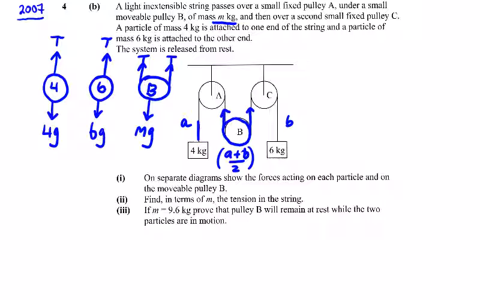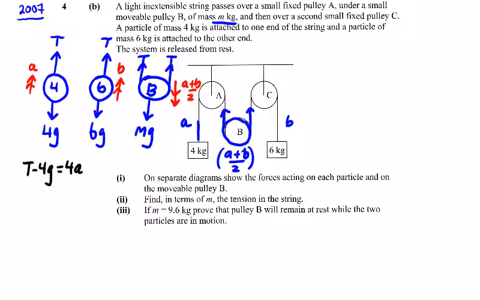Okay, so if we imagine B coming down, the other two going up, we have our A plus B over 2 in this direction. So we call this one A and this one B. So we set up our equations. For the 4, we're going to have T minus 4G is equal to 4A.